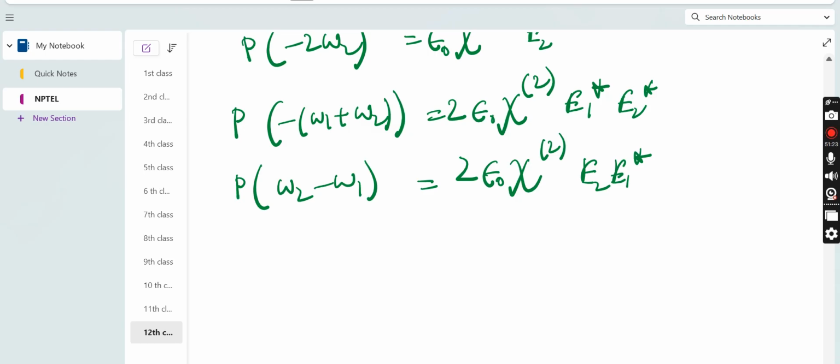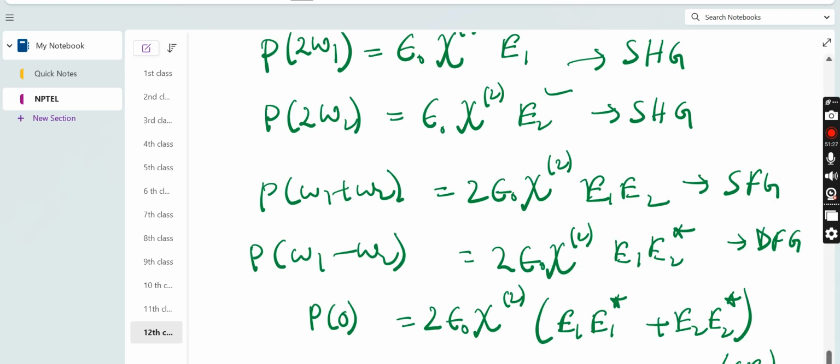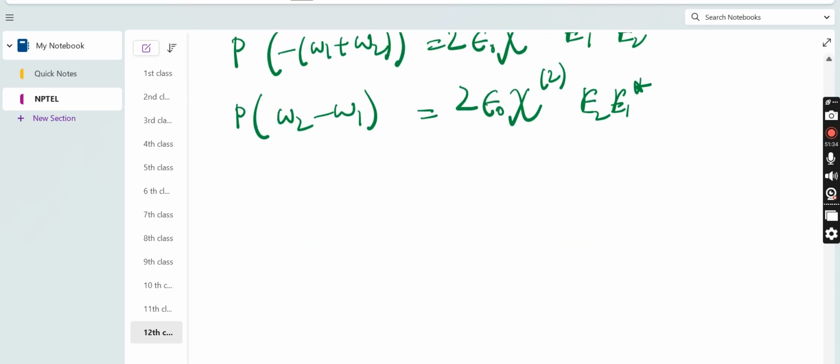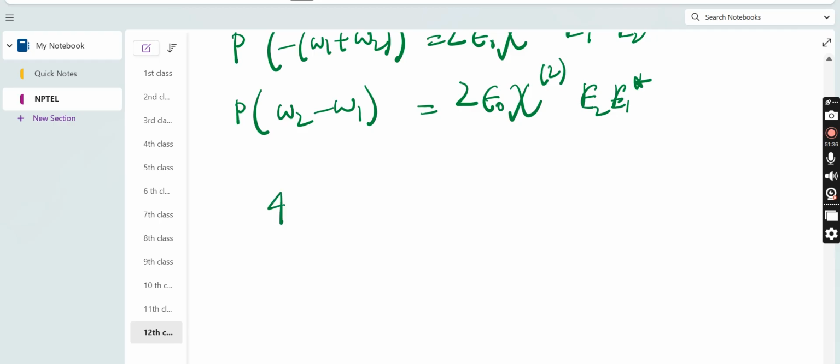From these, we get four different non-zero frequency components.